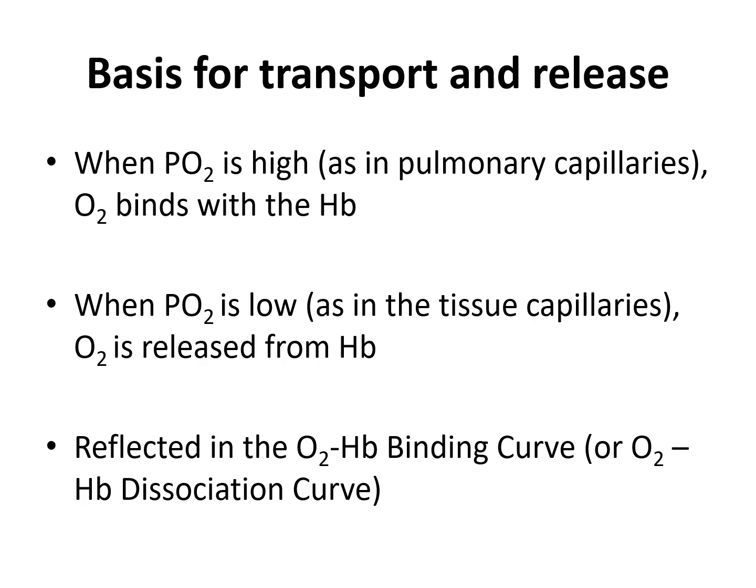However, when the PO2 is low, as you would find in the tissues where oxygen is being consumed, then hemoglobin can no longer bind oxygen very tightly, and oxygen is released.